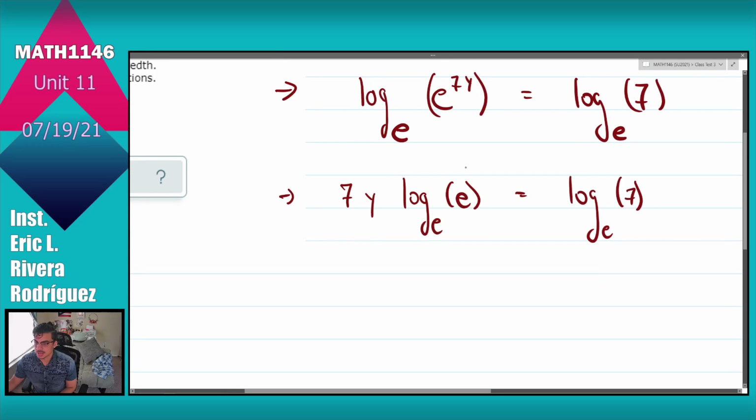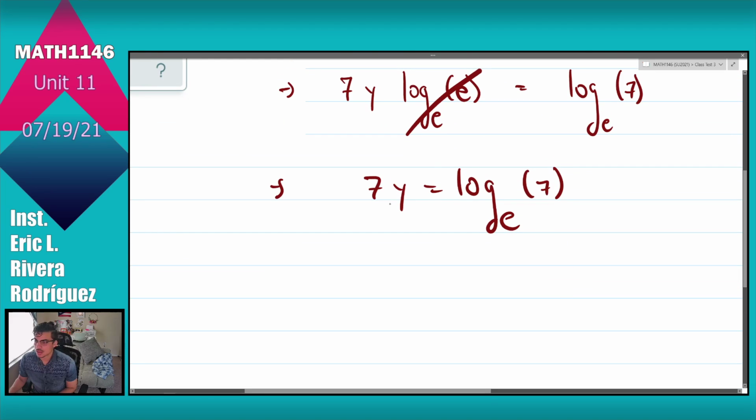And next, log base e, or natural log of e, gets cancelled because this results in 1, because the exponent that we need to apply to e in order to get e is just 1. So we erase this, we cancel that, and 7y equals log base e of 7.